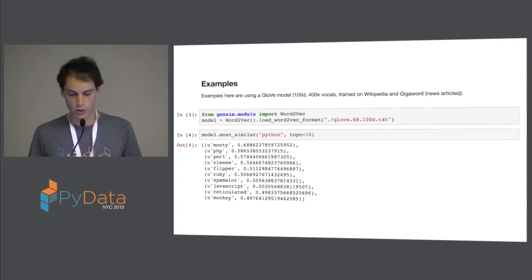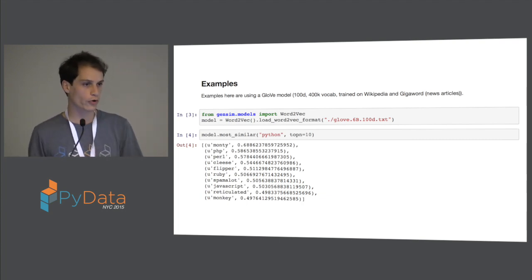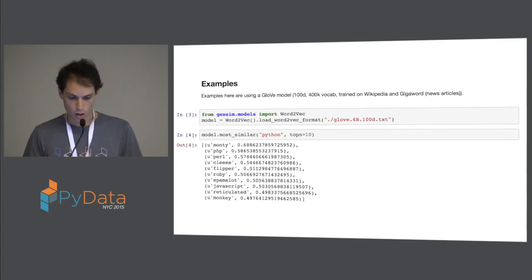I will now show some examples directly using the most popular library in Python, the Gensim library, which has an efficient implementation of the training algorithm for Word2Vec. We're using here a GloVe model. It wasn't trained with Gensim and Word2Vec, but with another training algorithm called GloVe. We reuse this pre-trained model very easily by loading it from the Gensim library.